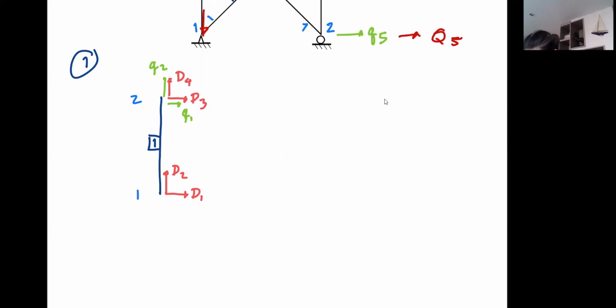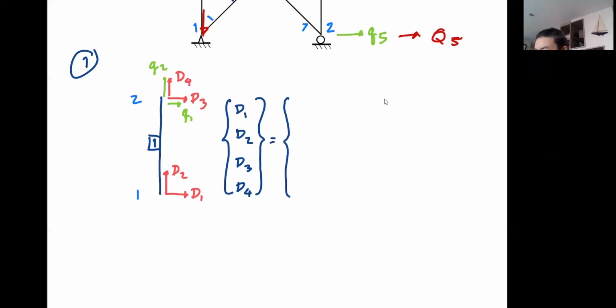Okay. Now I can simply write the displacement of this member. This is D1, D2, D3, and then D4. Now we know, do you know where D1 belongs?